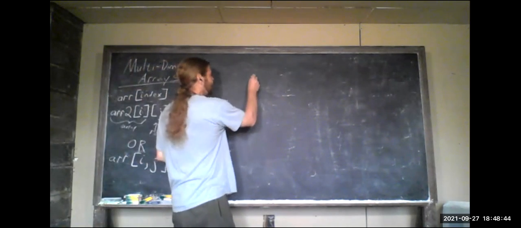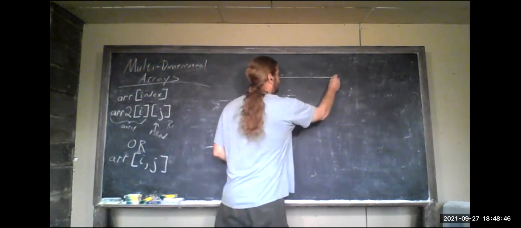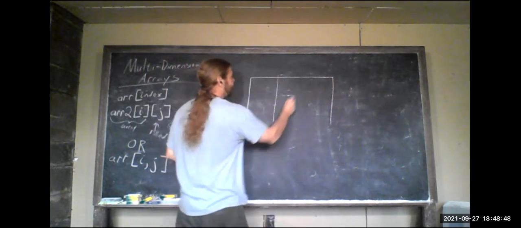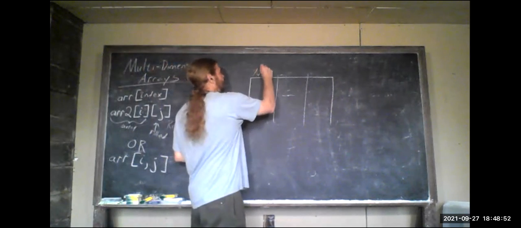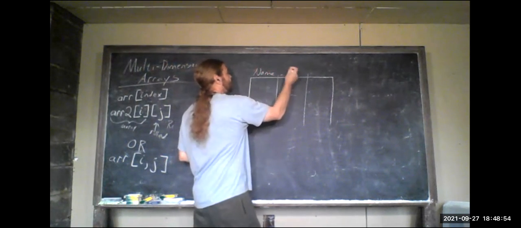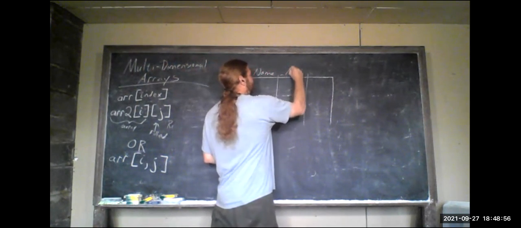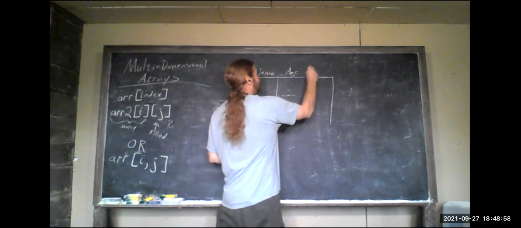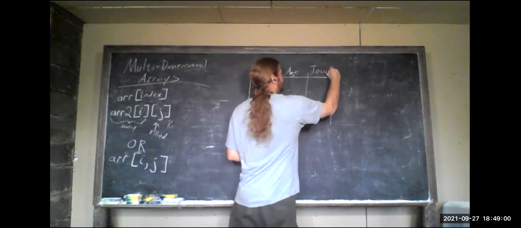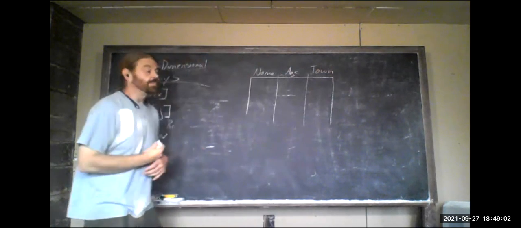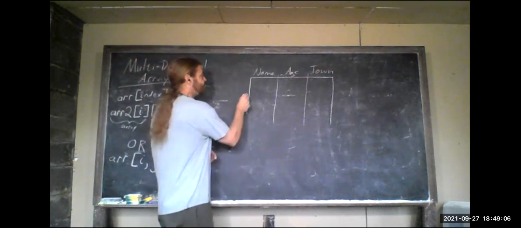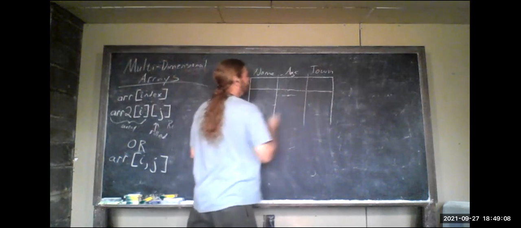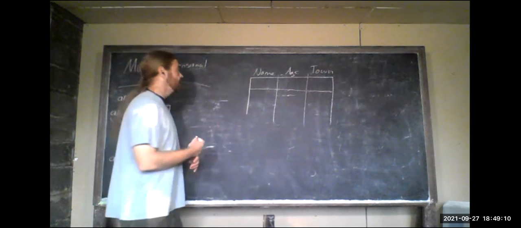So the table I was thinking about making is one that's going to have just 3 columns of data. We'll have a name column, an age column, and a town. I'm just going to make up some people to put in here. And then each row will be a particular person.